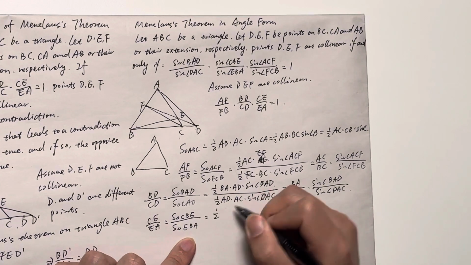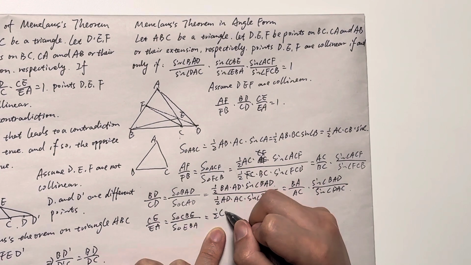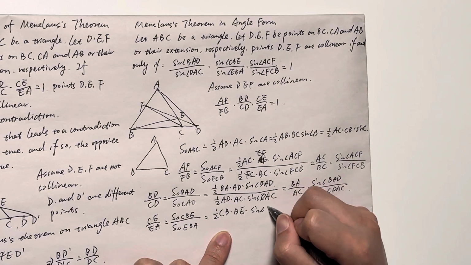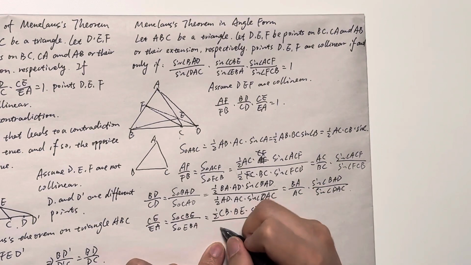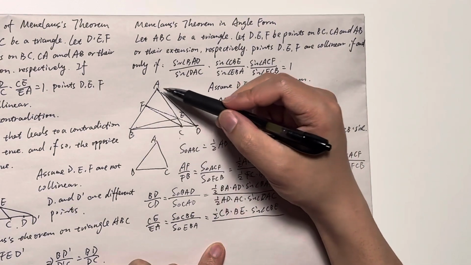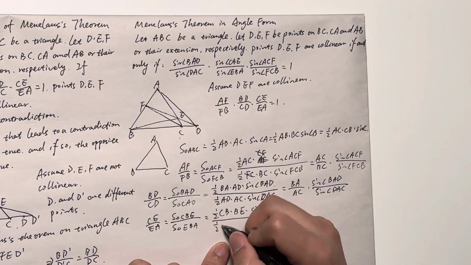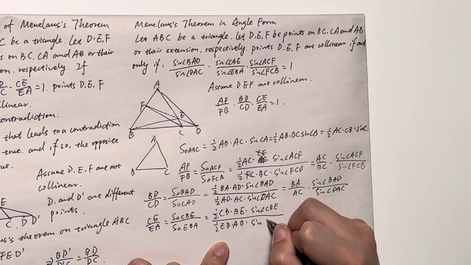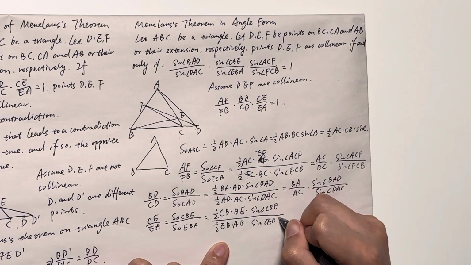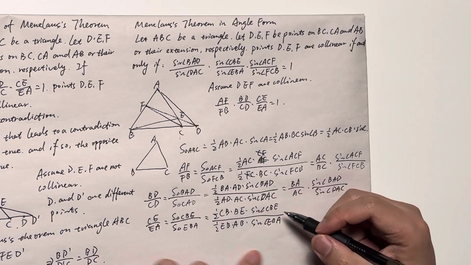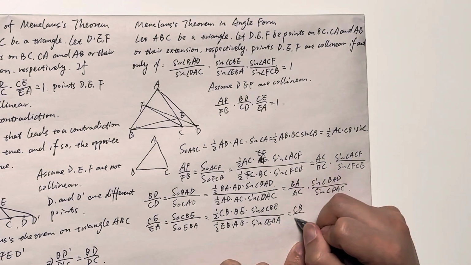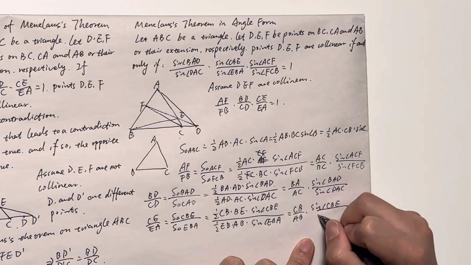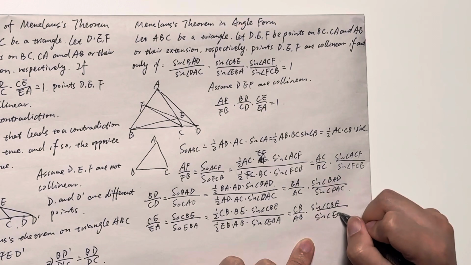So that equals half CB times BE times sine CBE, and for the area of triangle ABE, that's half EB times AB times sine EBA, and this equals CB divided by AB times sine CBE divided by sine angle EBA.